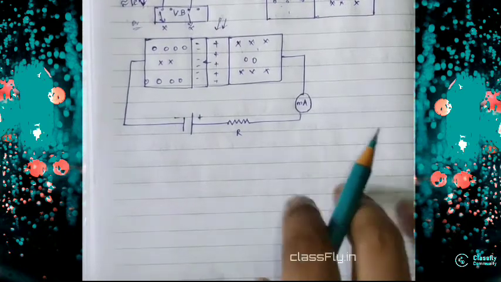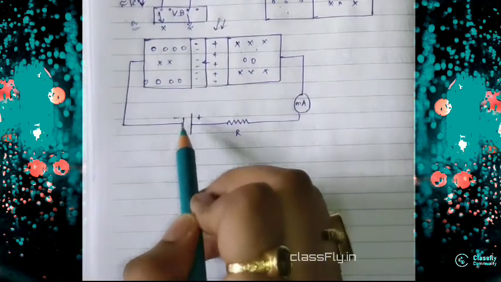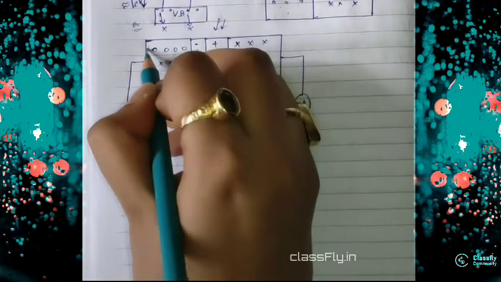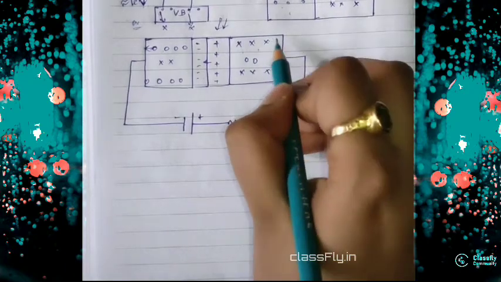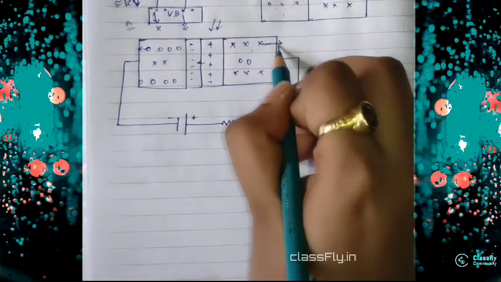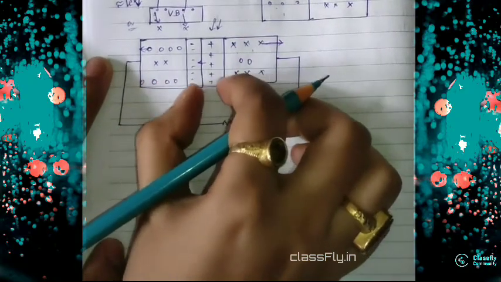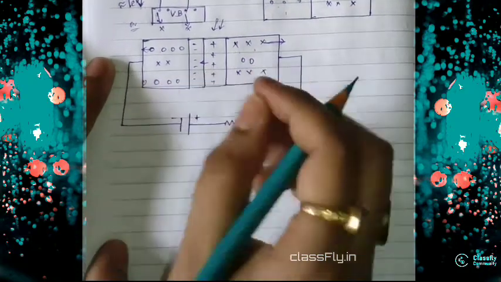So how will we do it? As the holes are positive and connected to the negative, they will move to the left side. Similarly, on the other side, the electrons are connected to the positive and will move to that side, so the depletion layer will widen and move apart.